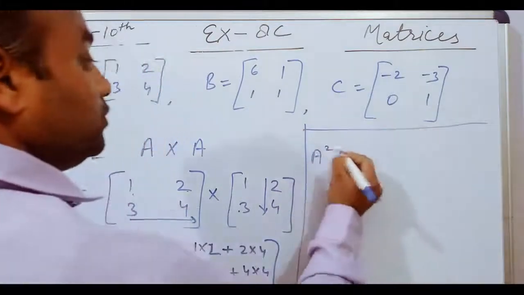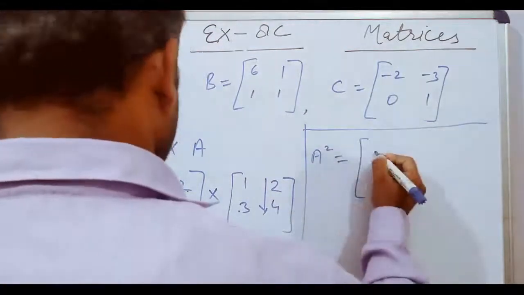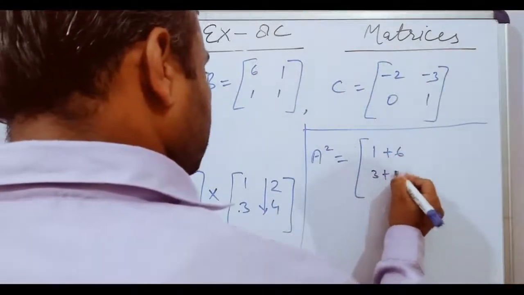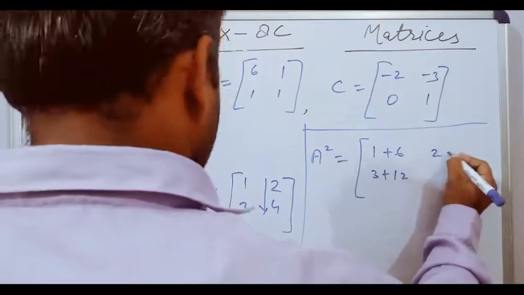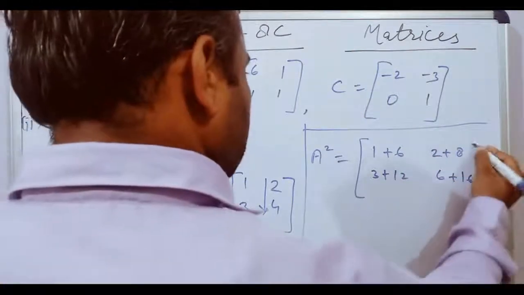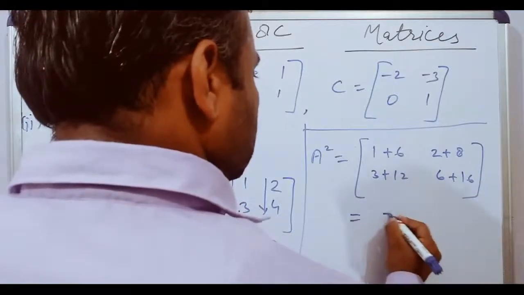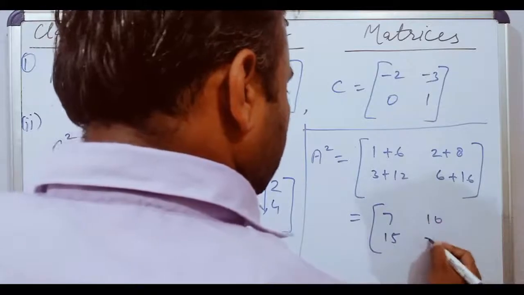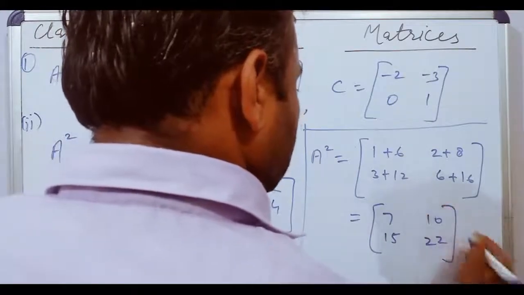A square equals 1 plus 6, 2 plus 8, 3 plus 12, 6 plus 16. It is now [7 10; 15 22]. This is the answer.